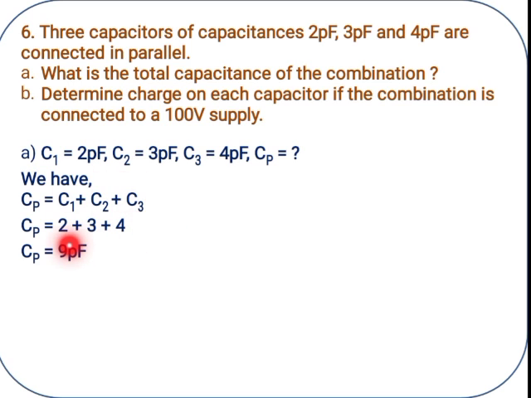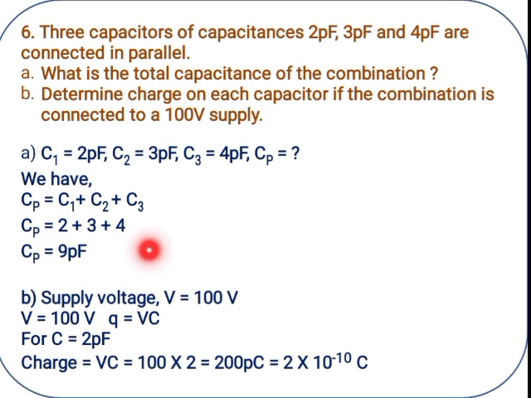Substitute the values of C1, C2, C3. The final answer for the parallel combination of the capacitance is 9 pF. Next, supply voltage. If the voltage is given as 100 volt, then V is 100 volt, and Q is equal to CV.